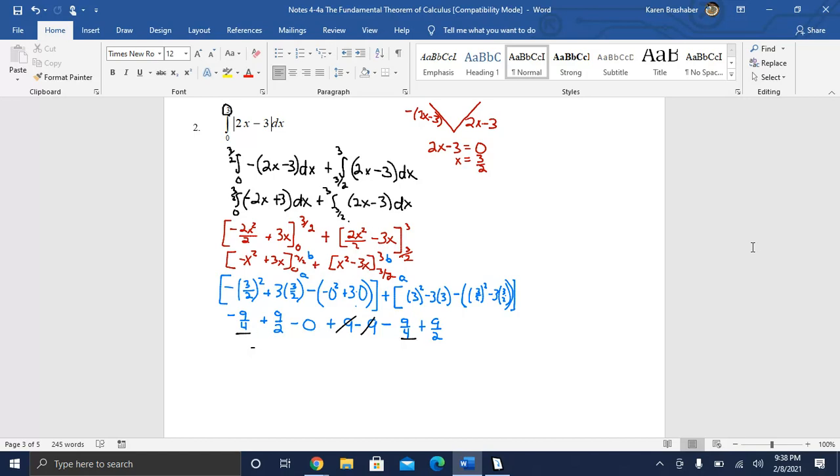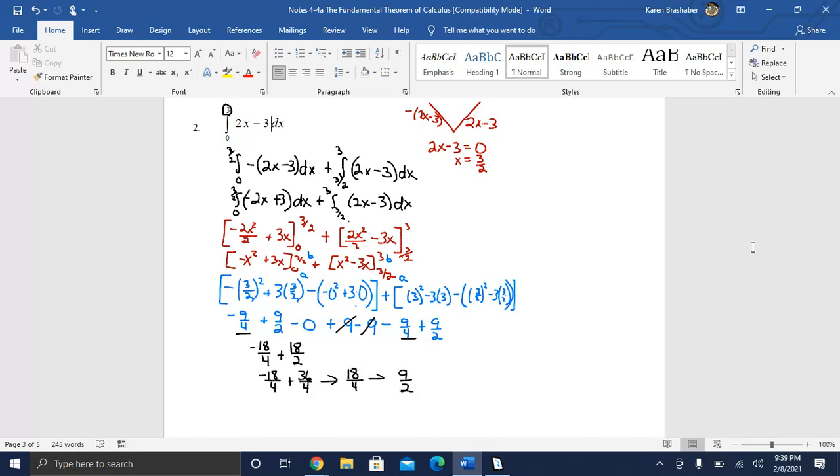So that would be negative 18 over 4 plus, and then the 9/2 and the 9/2, which would be 18 over 2. If you get common denominators, then you'll have negative 18/4 plus 36/4, and that's going to end up being 18/4, which reduces to 9/2.